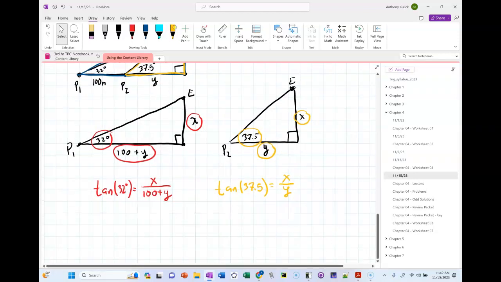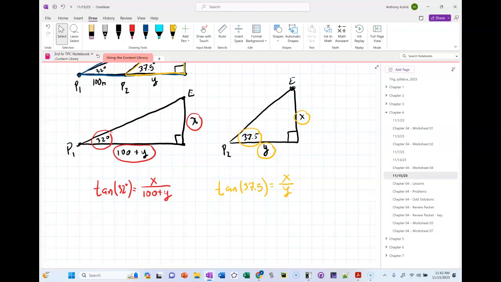What I've just done is created a system of two equations with two unknowns. Right? My first equation, tan 32 equals x over 100 plus y. And my second equation, tan 37.5 equals x over y. Both of these two equations must be true at the same time because they come from the exact same picture. Everybody okay with that?